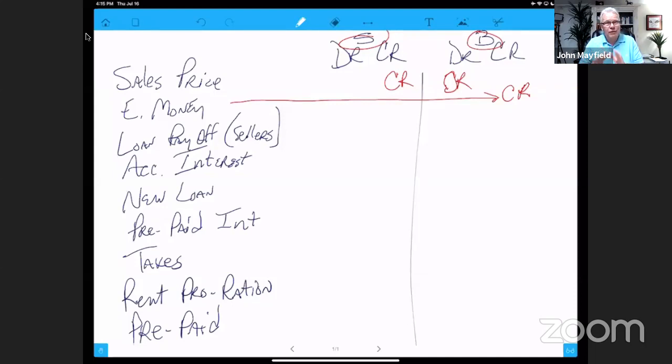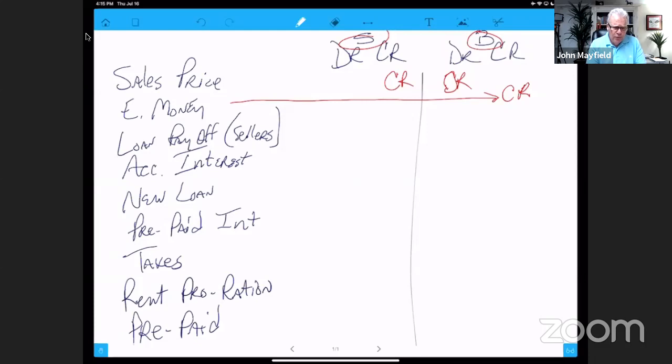Now, I don't think they would ask this, but you have to read the questions very carefully. If it said the buyer gave the earnest money to the seller and the seller deposited it, then it would be a debit to the seller. But I don't think you'll see that. Okay. Generally, earnest money is always going to be a credit to the buyer.